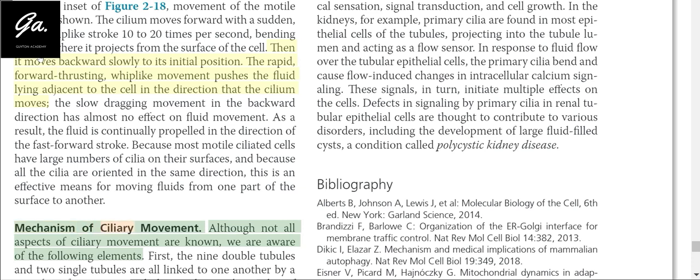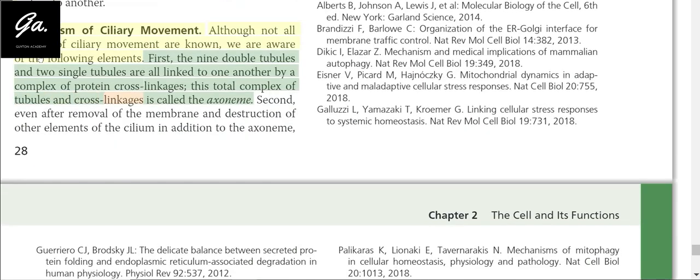Mechanism of ciliary movement. Although not all aspects of ciliary movement are known, we are aware of the following elements. First, the 9 double tubules and 2 single tubules are all linked to one another by a complex of protein cross-linkages. This total complex of tubules and cross-linkages is called the axoneme.